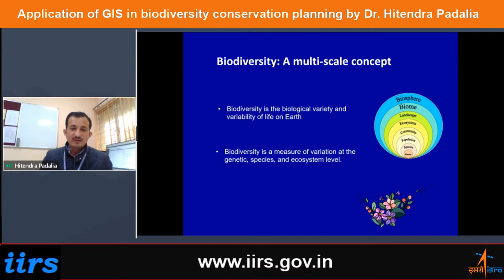Another way is ex situ conservation, where you focus on rare, endangered, and threatened plant species, and you conserve them in botanical gardens or arboreta. So these are the two broad approaches for biodiversity conservation.